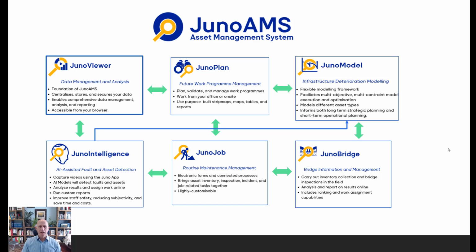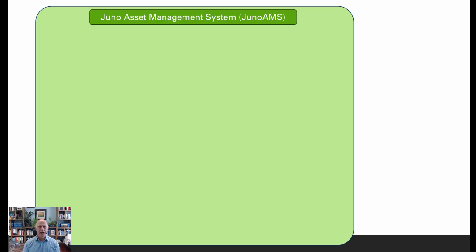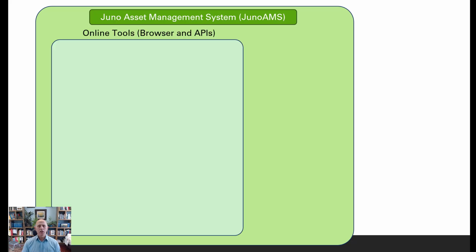So let's just take a different look at the JunoAMS system and how all of these pieces fit together. So here we have the Juno Asset Management System, or JunoAMS, as I've already explained. And there are two main families of tools in JunoAMS.